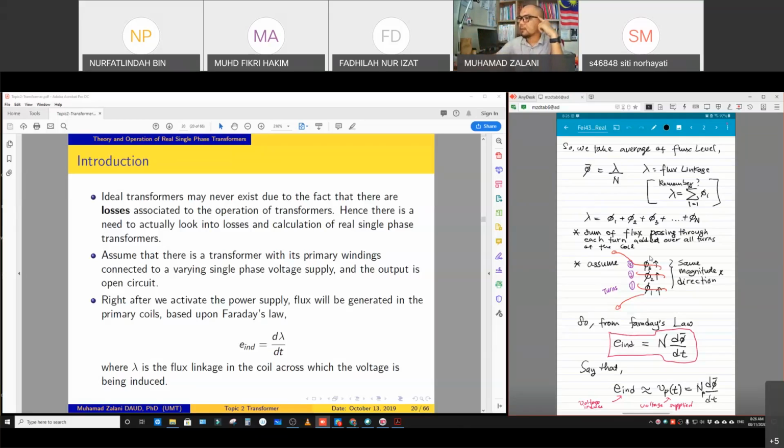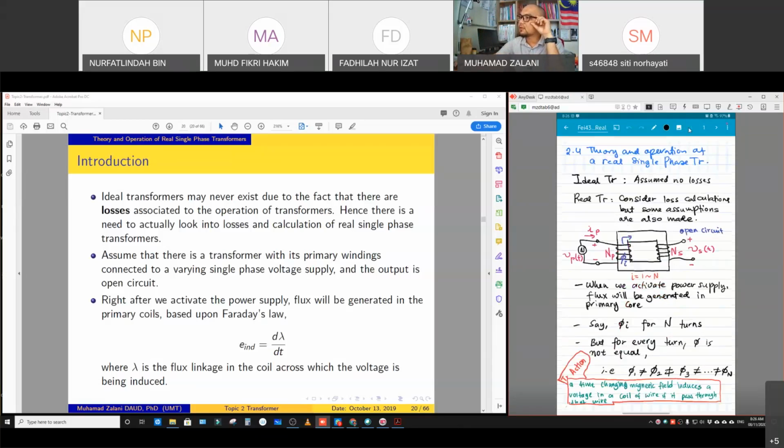So phi will be moving upward, which in this case, as you can see at the primary turns here, phi is moving upward and then rotates following the clockwise direction, and then passes through the NS, which turns at the secondary.